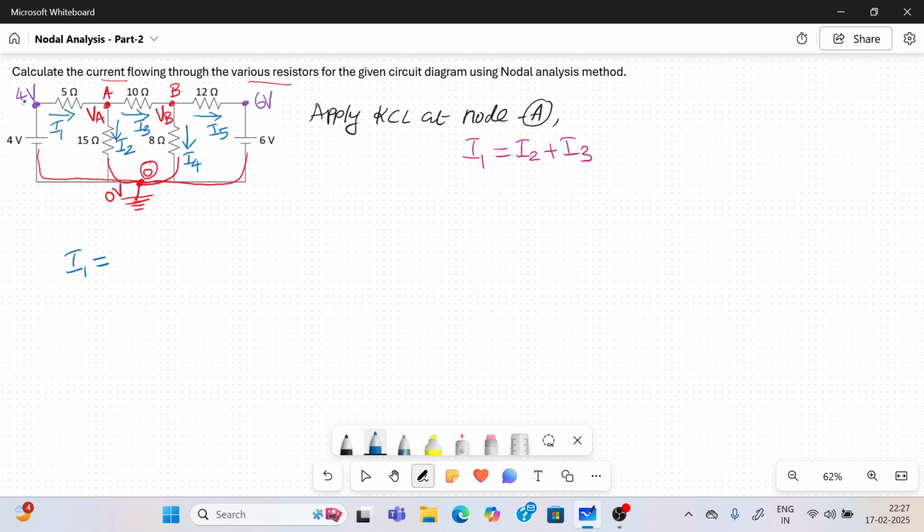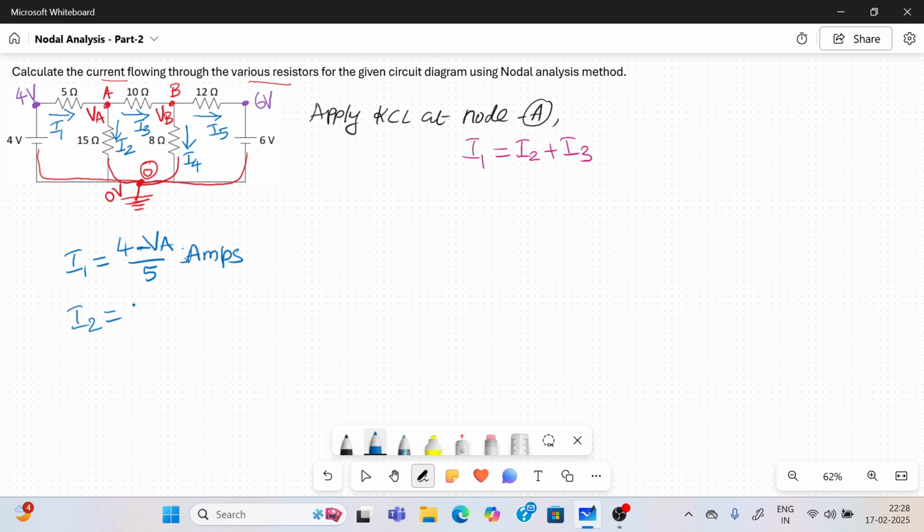The starting voltage is 4 volt, so it is the starting voltage minus the end voltage divided by the resistance: 4 minus VA divided by 5. This is for I1.